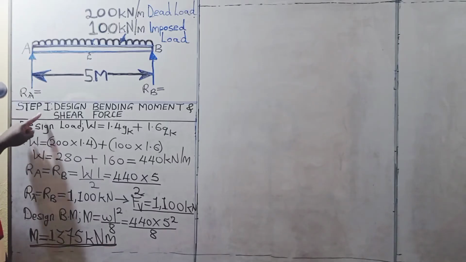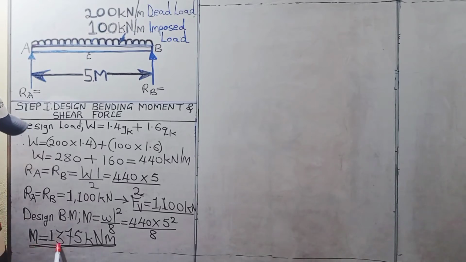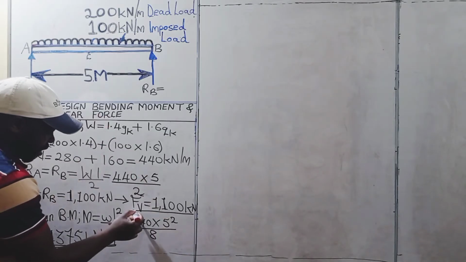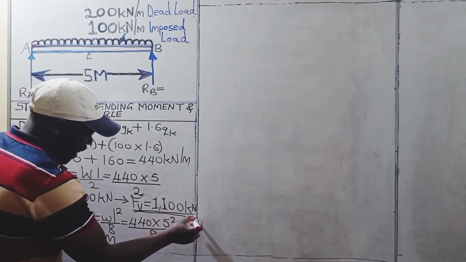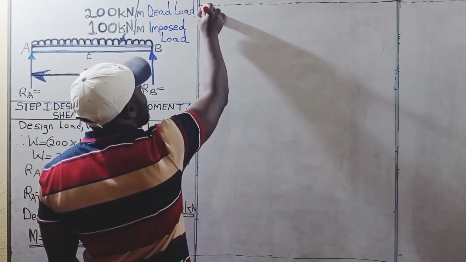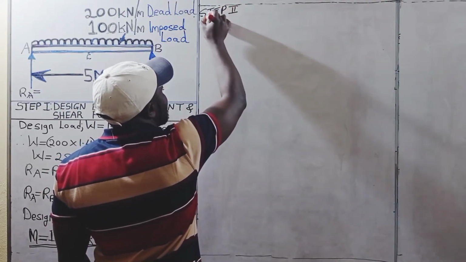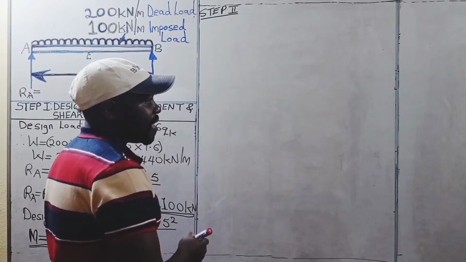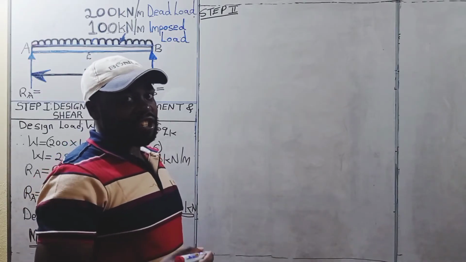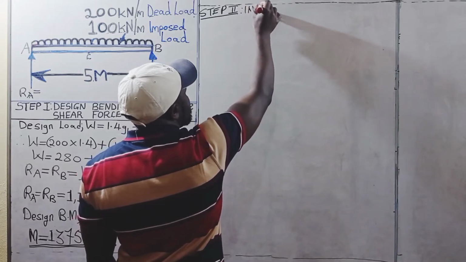So we are done with the step 1, that is calculation of the design bending moment, which we got as 1375 kilonewtons meter, as well as the calculation of the shear force, which is 1100 kilonewtons. From there, we are going to step number 2. And in this case, step number 2 is the initial section selection.